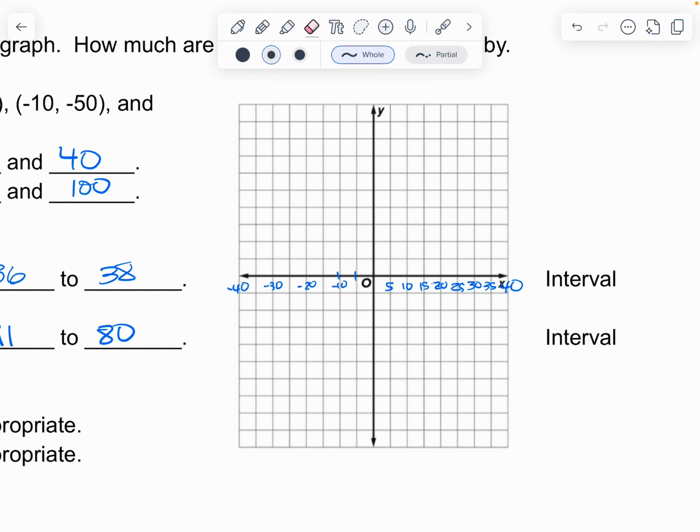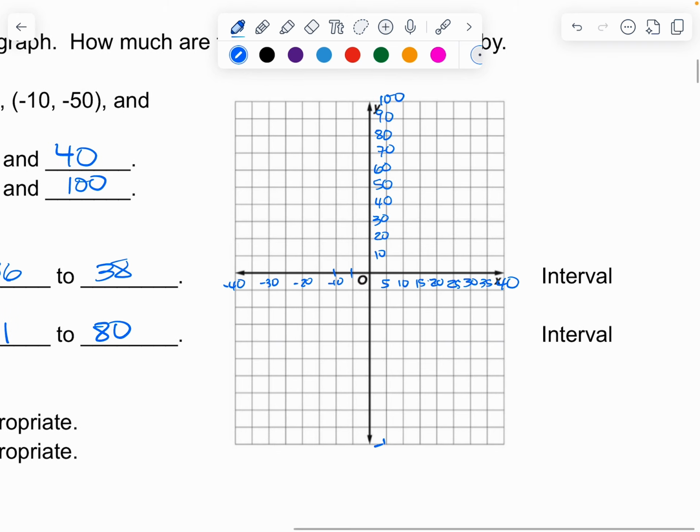So maybe I'm going to have to go by 10s on this. So 10, 20, 30, 40, 50, 60, 70, 80, 90, 100. So this one down here would be negative 100, negative 80, negative 60, negative 40, and negative 20. There we go.